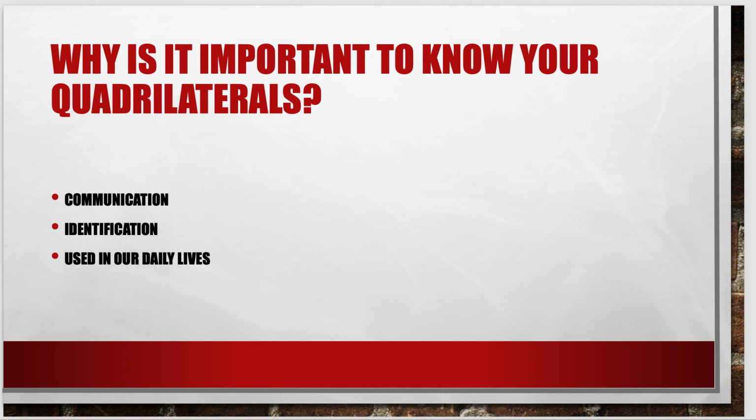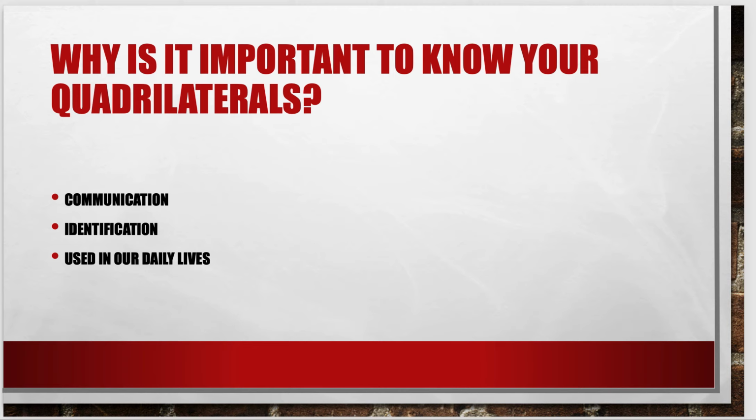Maybe you're just working for a church or your community. Someone tells you, could you go get that square table? Well, you need to know what a square is, so that's why it's used for communication. Because if you don't know the names, then you really just can't help.